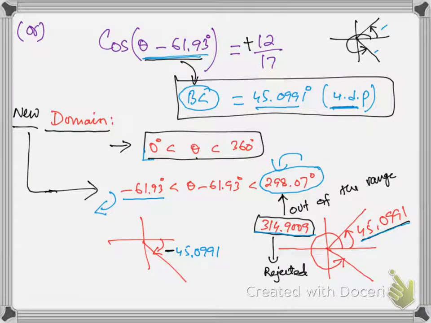Well, this plus 298.07 means you need to work in the anti-clockwise direction, which means you have to write this answer, first quadrant and the last quadrant. But the answer coming from the last quadrant is 314.9009, which is out of this range of values of angle, 298.07. So you need to reject this answer. So finally we have two answers, this and this.